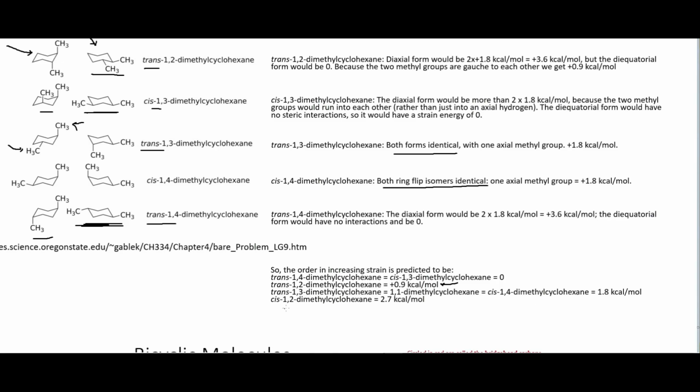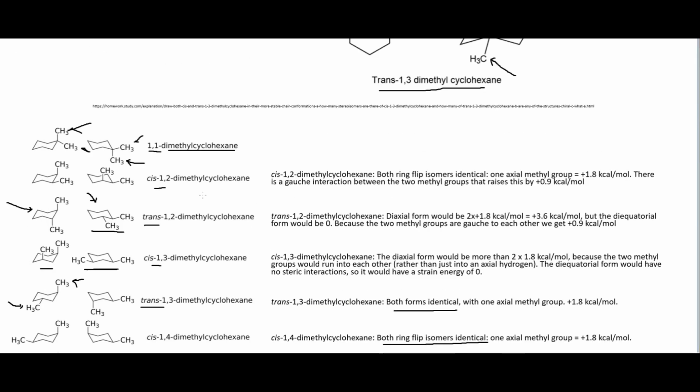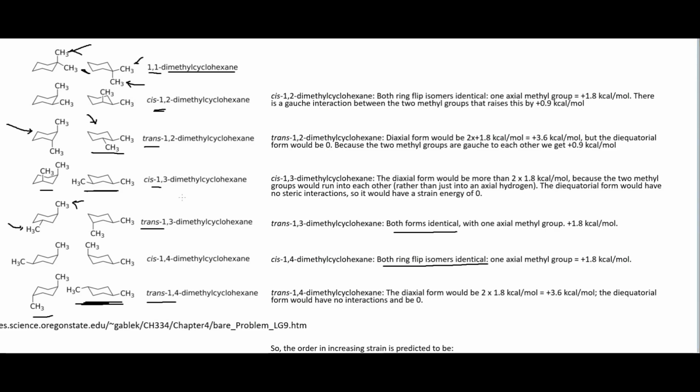Then the cis 1,2 dimethyl cyclohexane has this increase of 2.7 kilocalories per mole. So remember that is this one here. So those ones are both equivalent there.